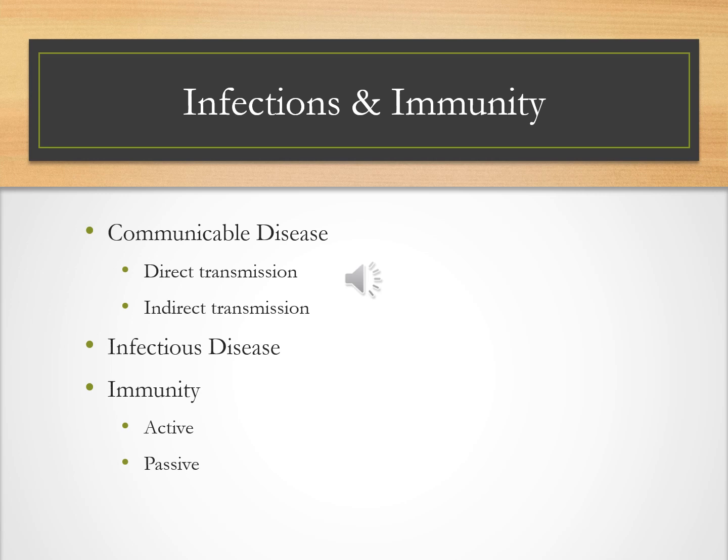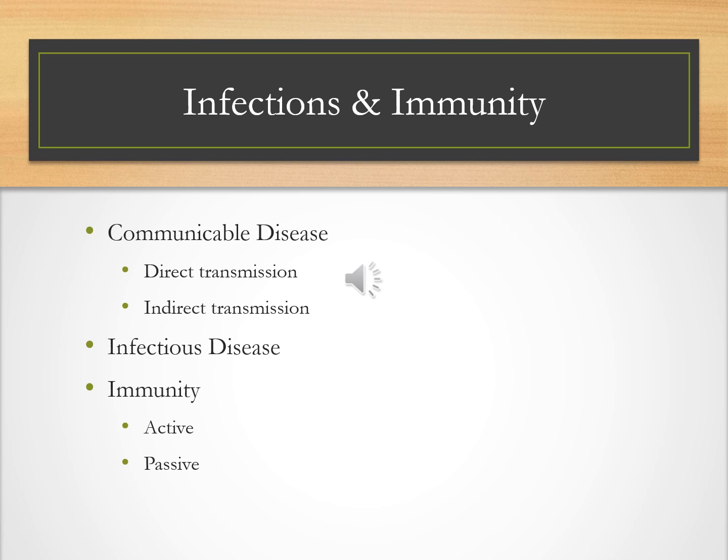And then you have indirect transmission, where it's acquired through contact with a contaminated object, or things like ticks or mosquitoes, something that carries this infection or disease. So infectious disease is any communicable disease caused by microorganisms that are commonly transmitted from one person to the other or from an animal to a person.